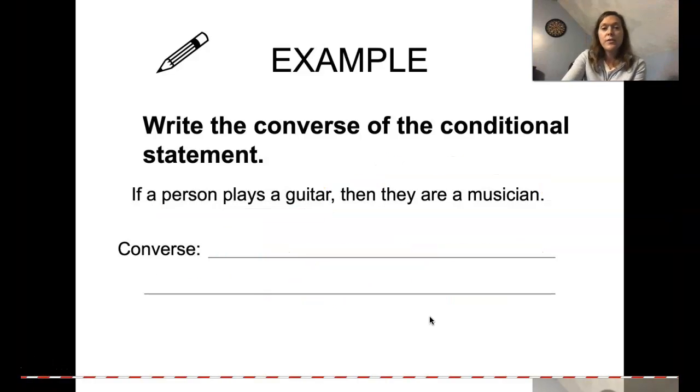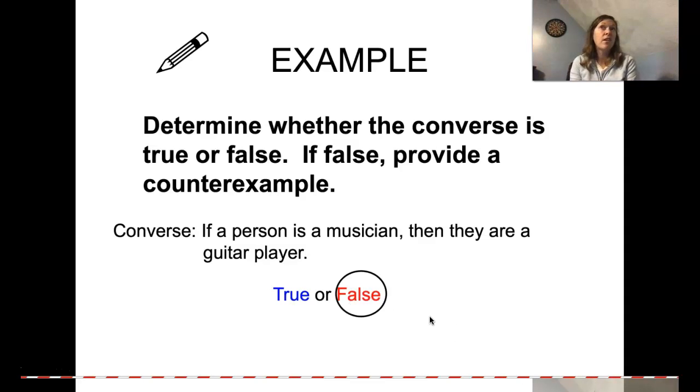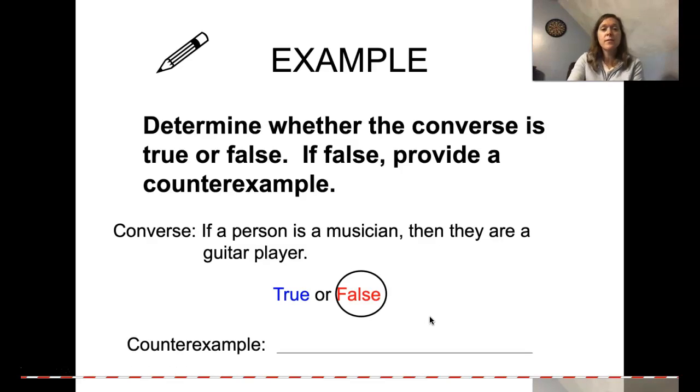All right. So once we have that, here's our converse. If a person is a musician, then they are a guitar player. Is that true or false? If a person is a musician, does that mean they play the guitar? No. All right, that would be false. What would be some counterexamples? They could play the piano, or they could play the flute, or they could play the drums.